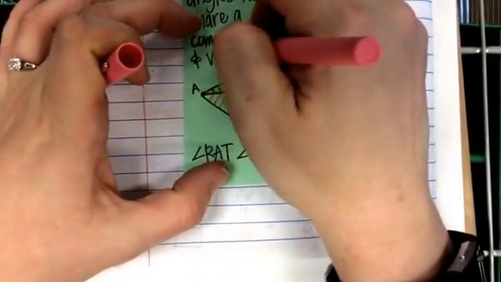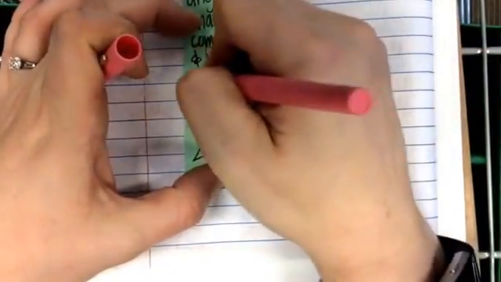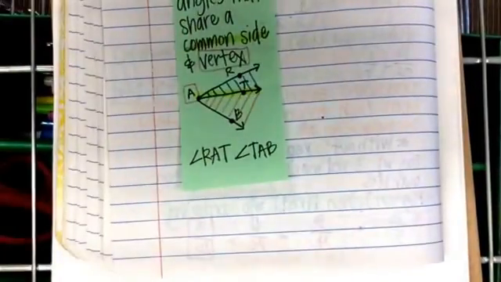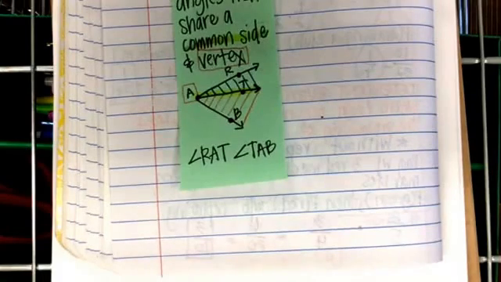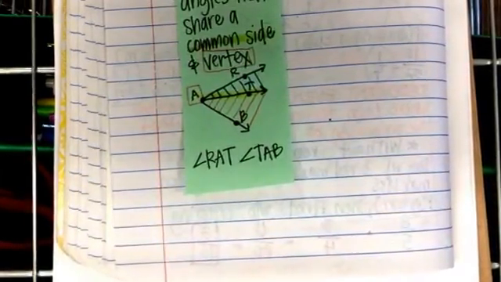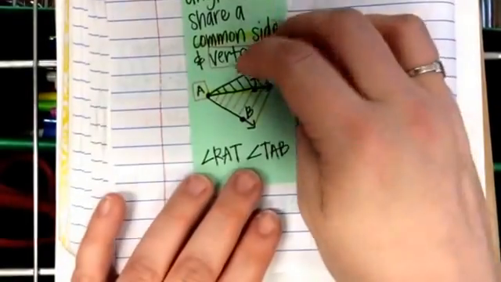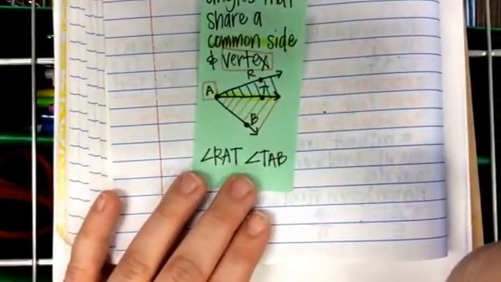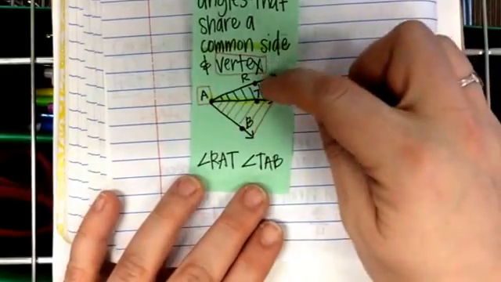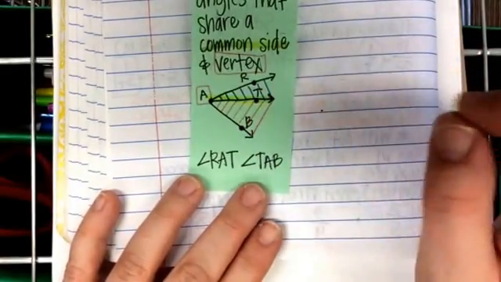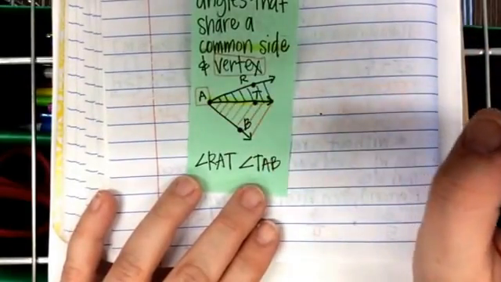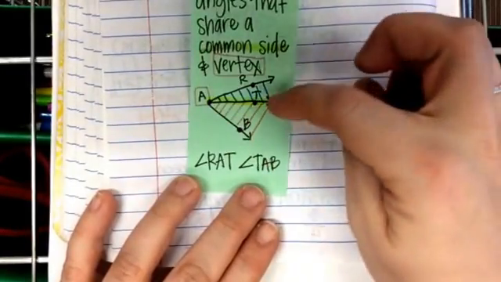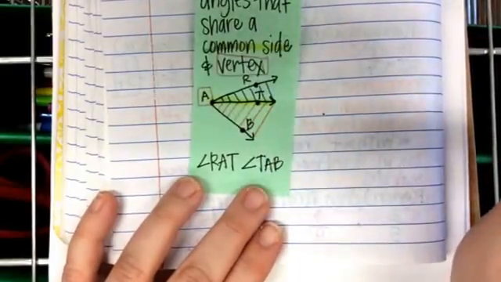Their vertex is A. The whole thing could be RAB, but we're asking for the adjacent. So which one touches which one? RAT and TAB share a side and a vertex. They are adjacent.